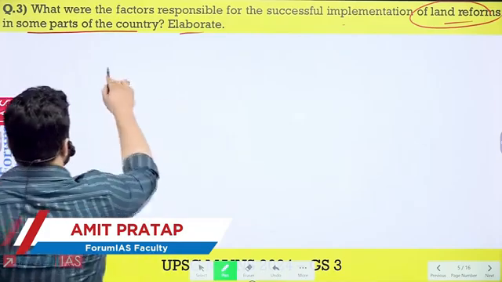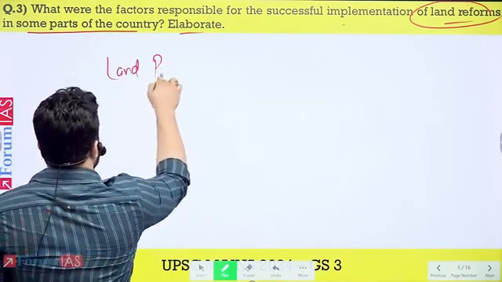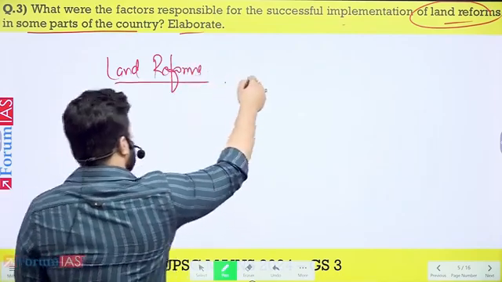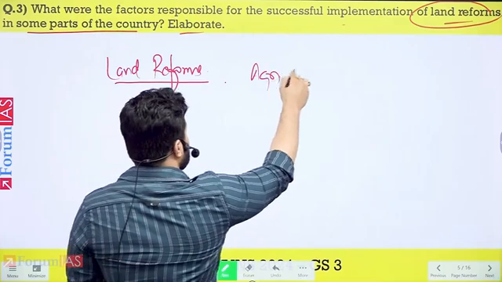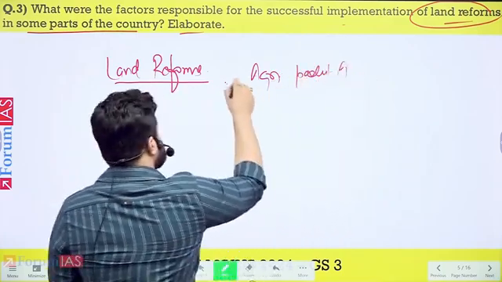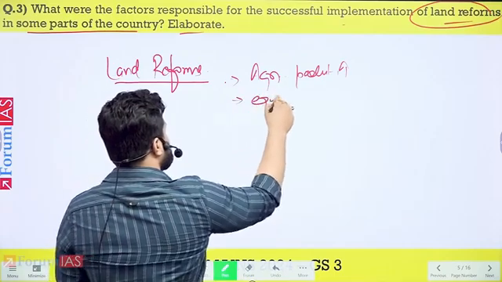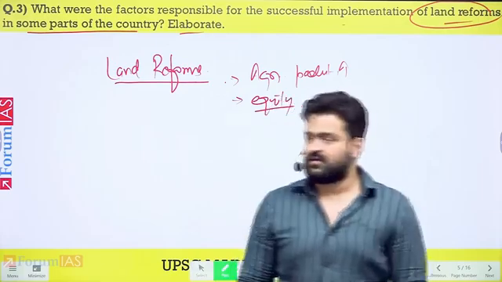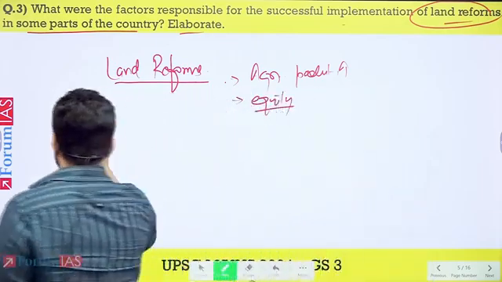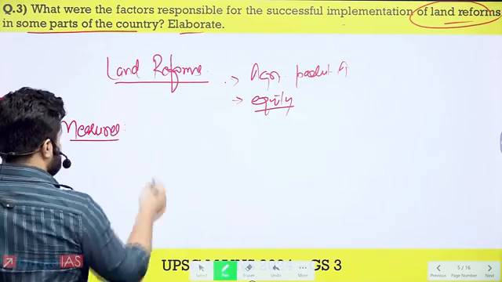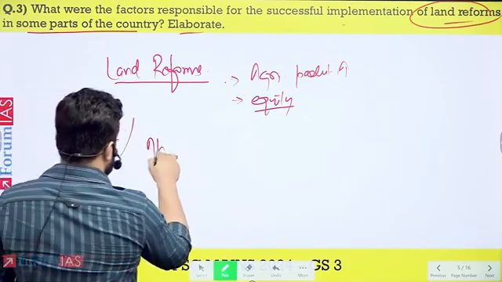Land reforms were introduced with the objective of increasing agricultural productivity and also bringing equity. These were the twofold objectives of land reforms. If you look at the measures taken in this regard, the first was abolition of intermediaries.